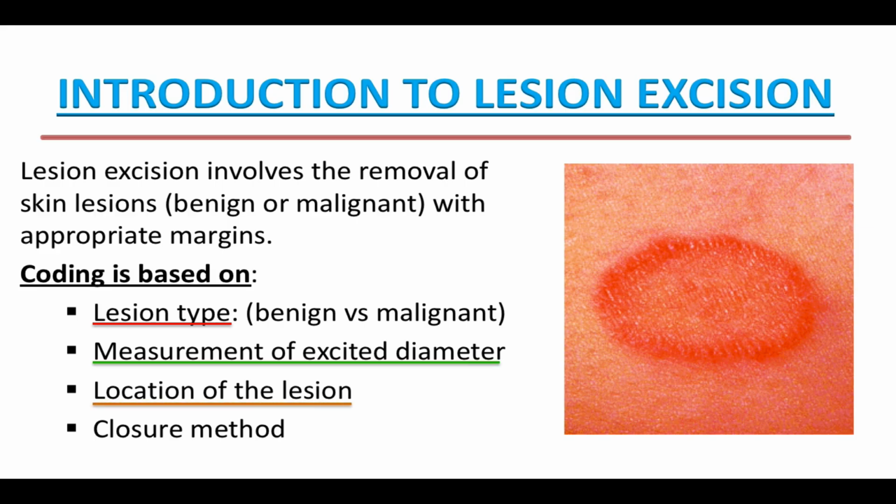Third, consider the location of the lesion, as different areas of the body have different sets of codes. And finally, the closure method, as some repairs require additional coding beyond simple closure.